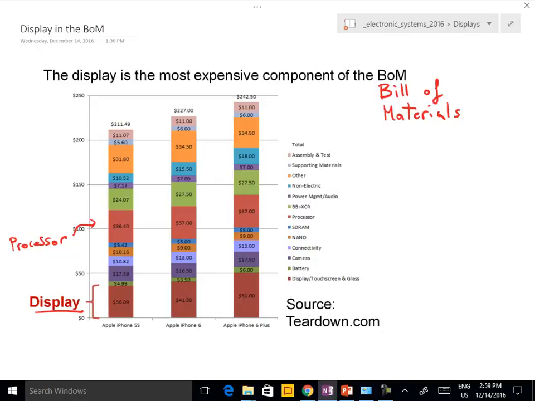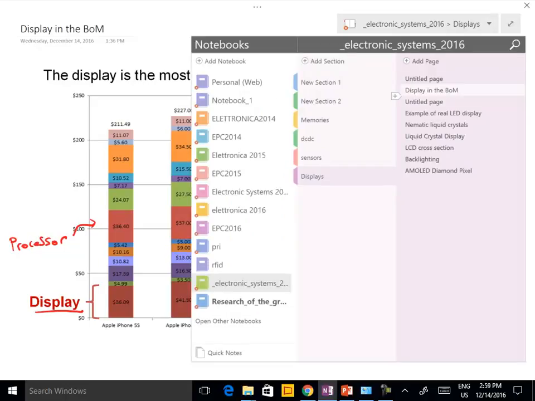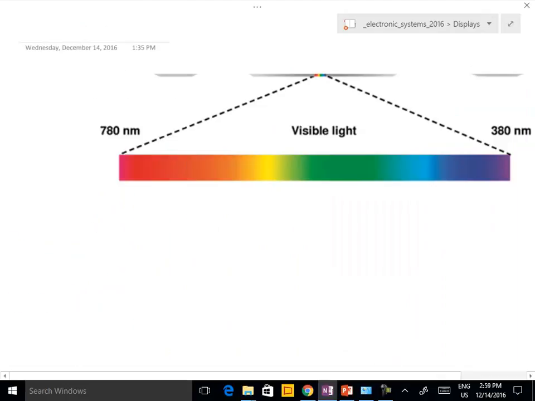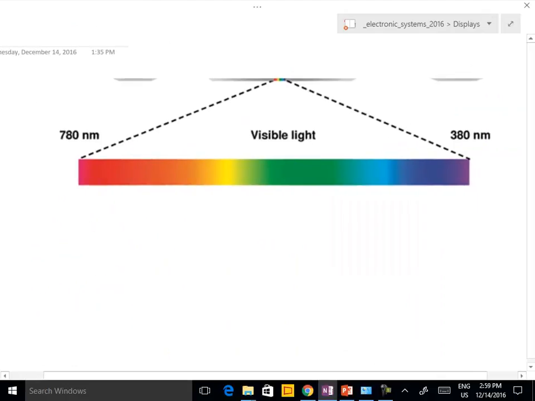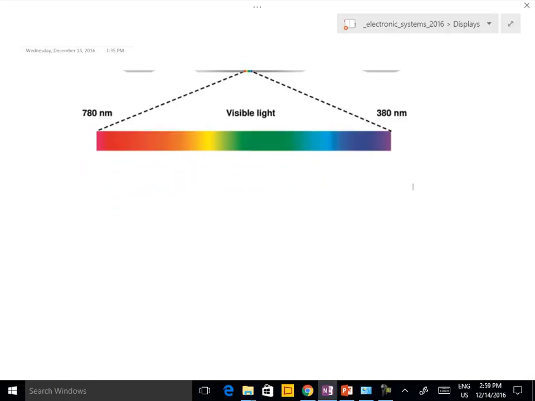So let's see the technology at the basis of the display. But first we need to make some considerations on the visible light.